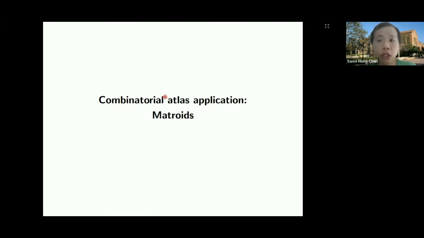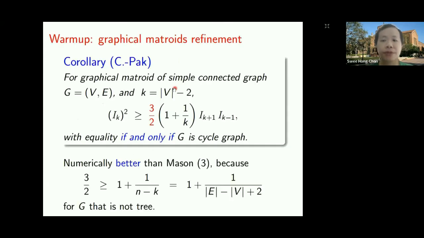So let me today only show our application for matroids, to show you how we refine the inequality to something stronger. Unfortunately, the refinement for the general case of matroids is a little bit complicated to state, so let me do a warm-up case first for graphs. In this case, let G be a simple connected graph and let k be the number of vertices minus 2.